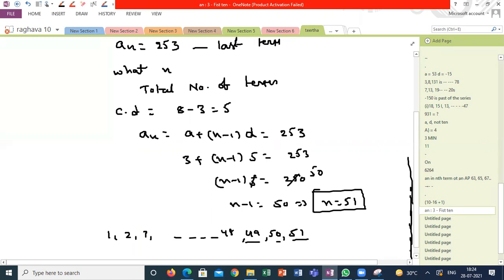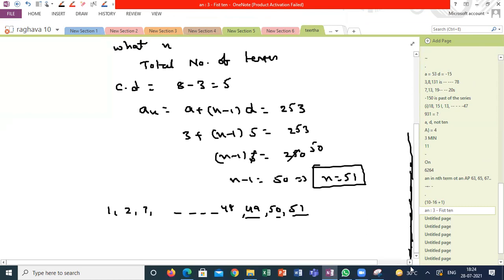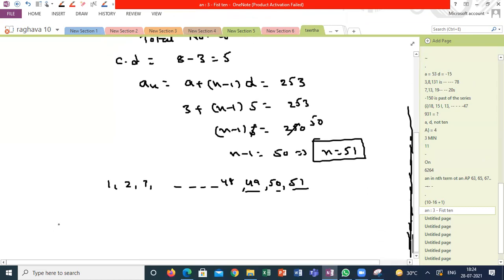From last, the third term is the 49th term. How will I get the 49th term? From last, the third term is total number of terms minus which term he is asking plus 1. Is it clear, guys, what I'm saying?